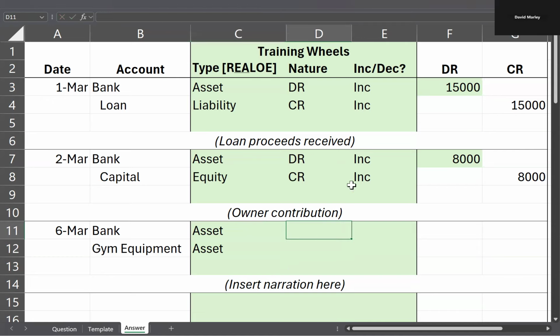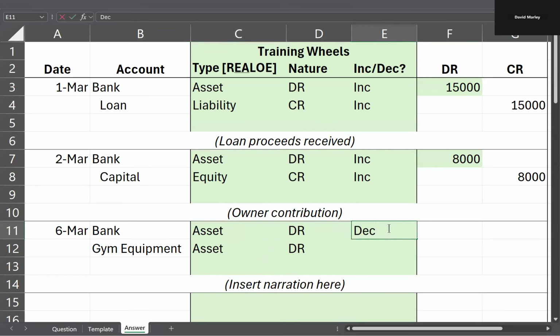Now, because they're both assets, I can just copy my homework from before, and I've already done assets up here. I don't have to think again, but good idea to think again. So looking up at the table, the two things that are underlined are debits in nature. So assets and expenses are debit in nature. Now I have to decide, in the context of this transaction, am I increasing or decreasing this particular thing? And I'm spending cash this time. I'm buying some equipment.